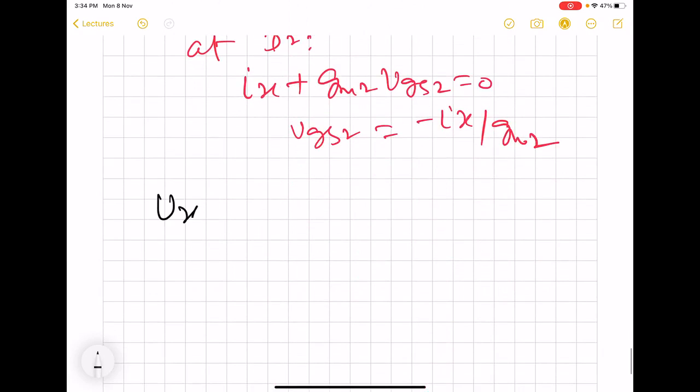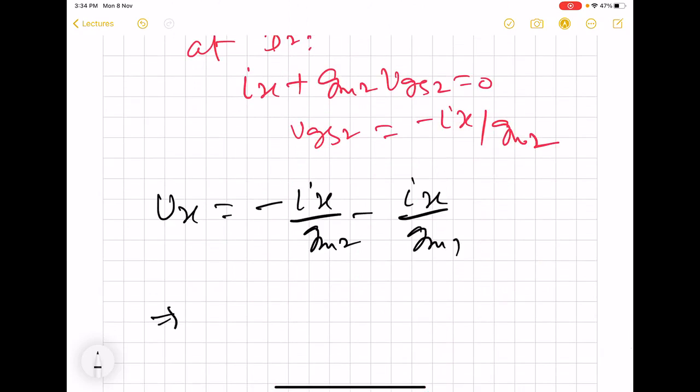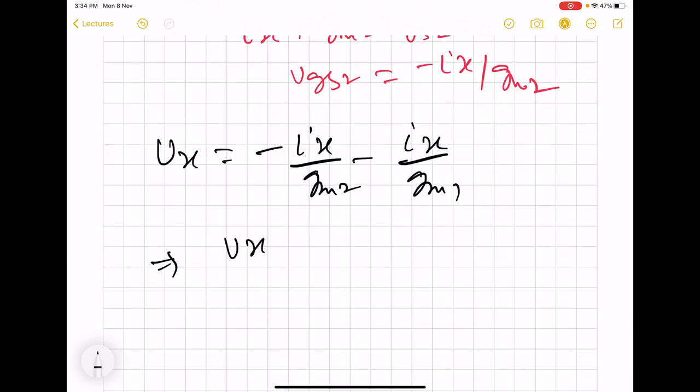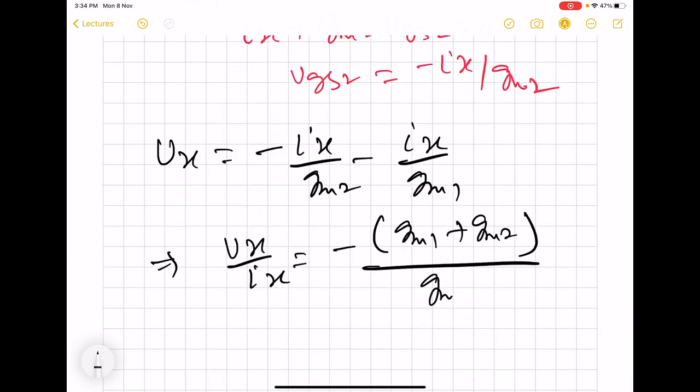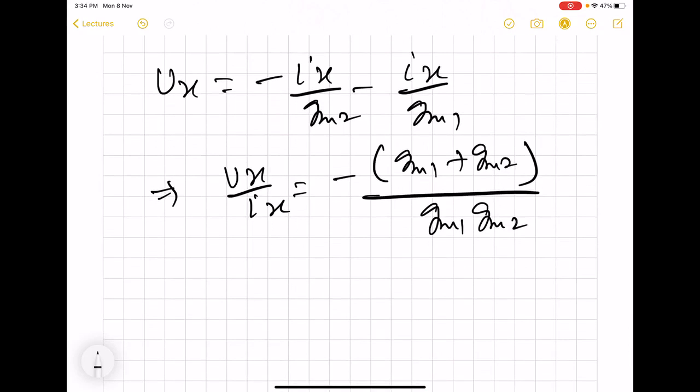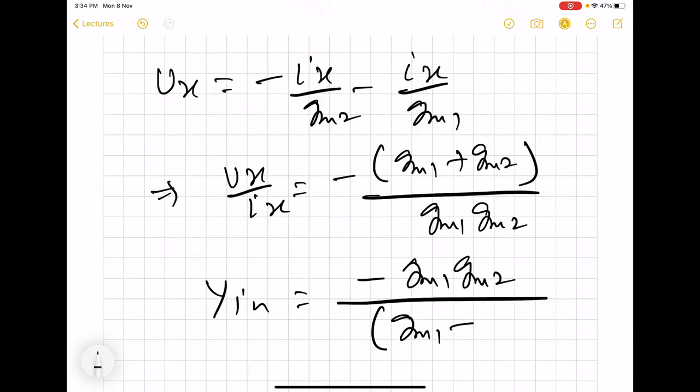So we get Vx is equal to minus Ix by GM2 minus Ix by GM1. So what we get is Vx by Ix is equal to minus GM1 plus GM2 divided by GM1 GM2. So this is Z in, or Y in is minus GM1 GM2 divided by GM1 plus GM2.